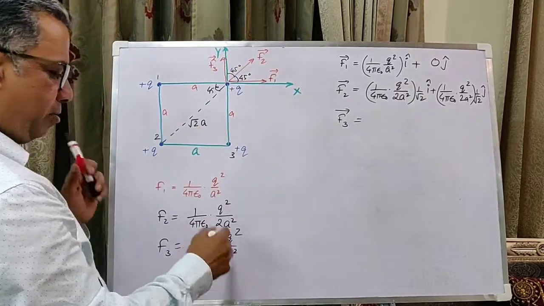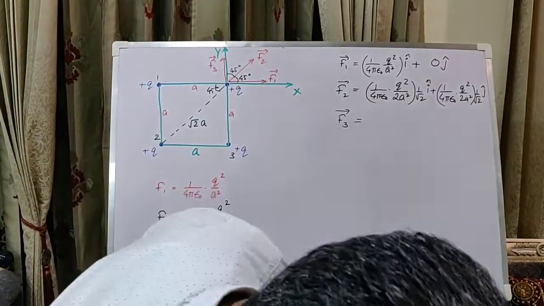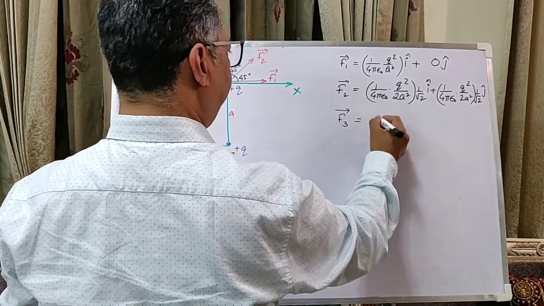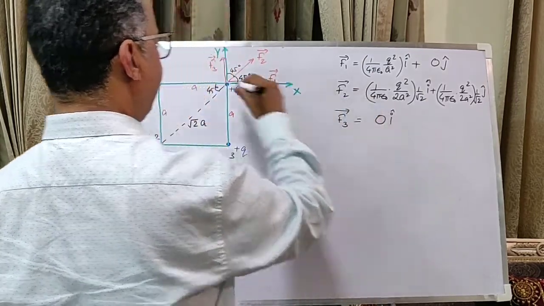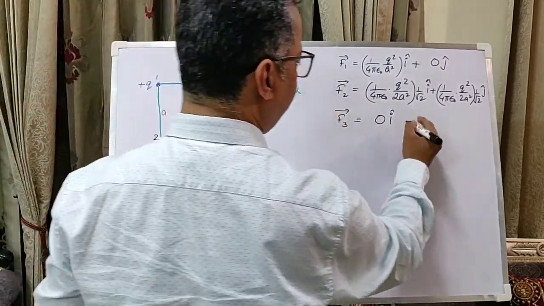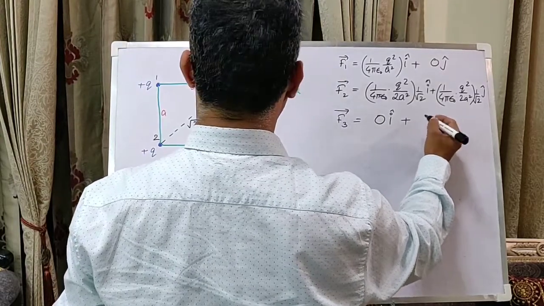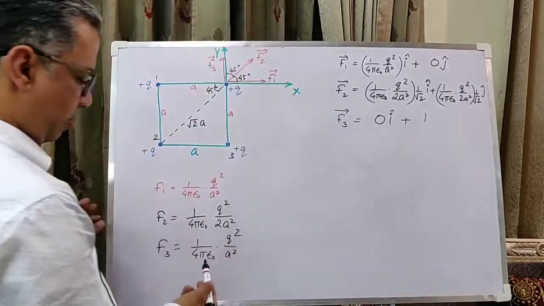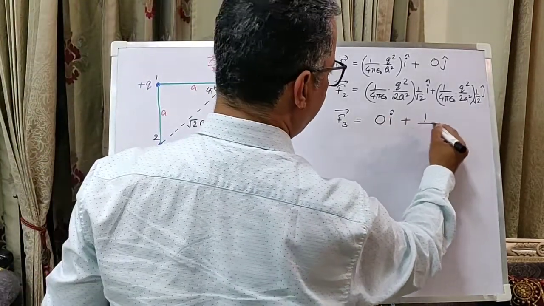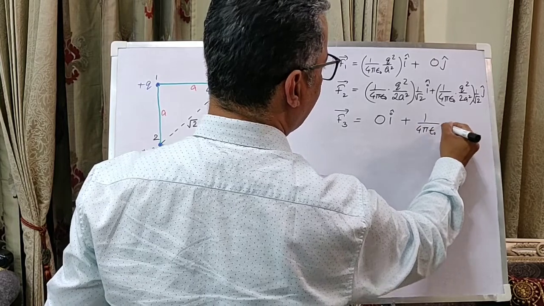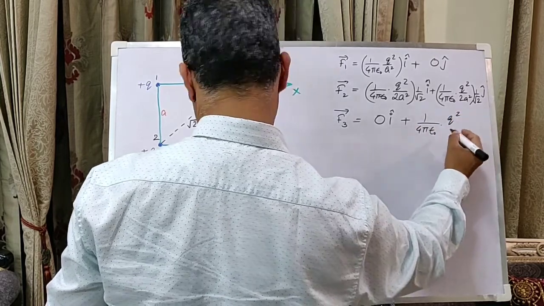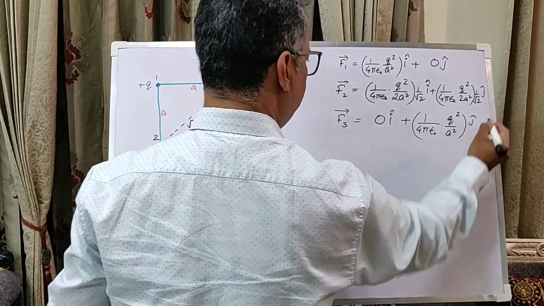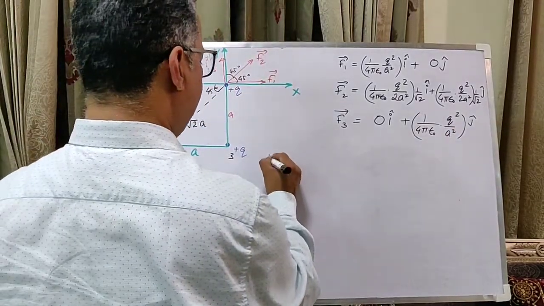We have the magnitude already, so we'll express it like a regular vector. So 0 i cap, since the vector is in the positive y direction and the x component is 0, plus the magnitude of F3, 1 by 4 pi epsilon naught q square by a square, times j cap.